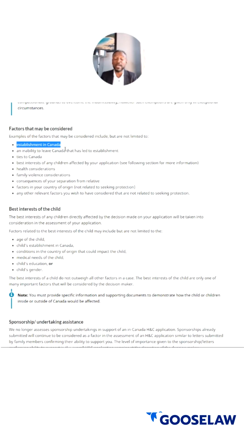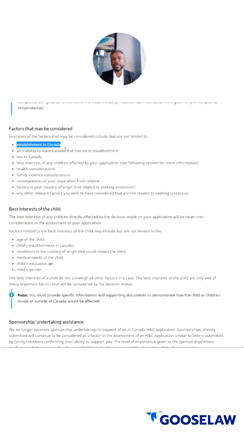Are they in a job? Have they been in that job for a while? Are they contributing to Canadian society in a meaningful way? Are they established in terms of their community involvement? Are they involved in any kind of volunteer organization? Do they go to church? Do they contribute to the community in a meaningful way?